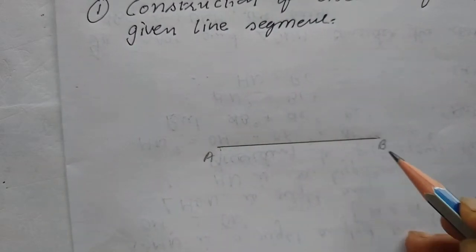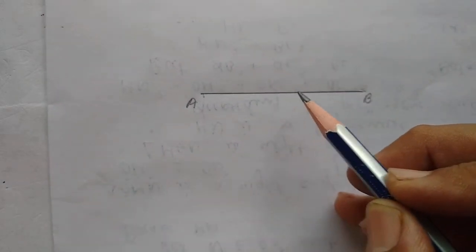This is the ideal rule, but in the practical way, generally we take this radius more than the distance of the midpoint. Children, approximately the midpoint is somewhere here.